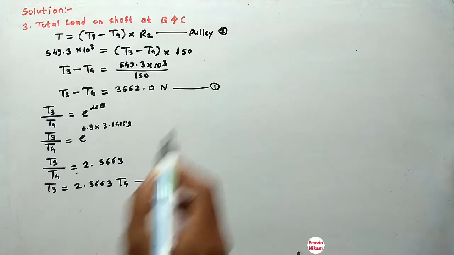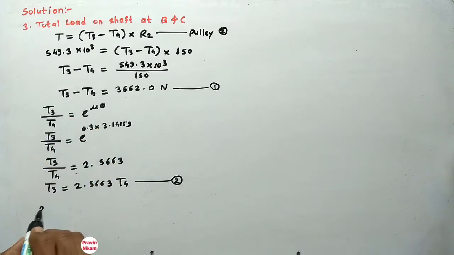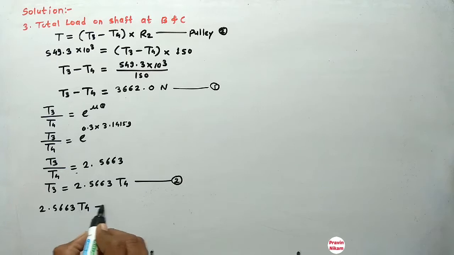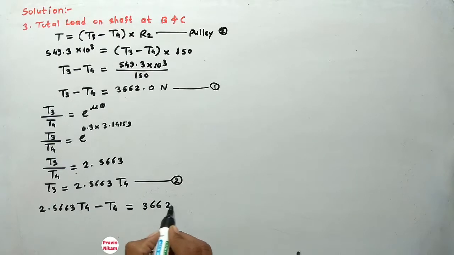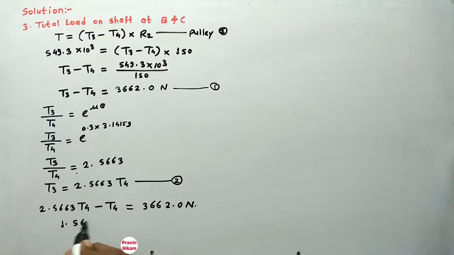Now put this equation in equation 1. So put the value of T3 here. So 2.5663 T4 minus T4 is equal to 3662.0 Newton. So 2.5663 T4 minus 1 T4 is 1.5663 T4.